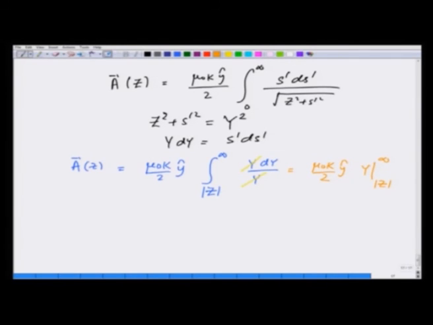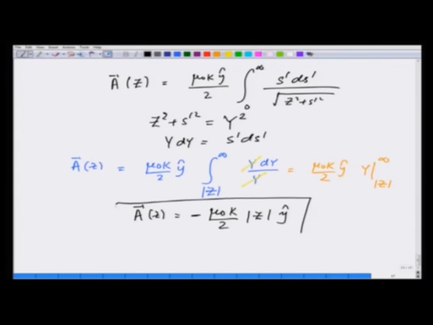Again, at infinity it is a constant which I will ignore, and therefore the z dependence of A finally comes out to be A z is equal to mu naught k over 2 modulus z with a minus sign, in the y direction.